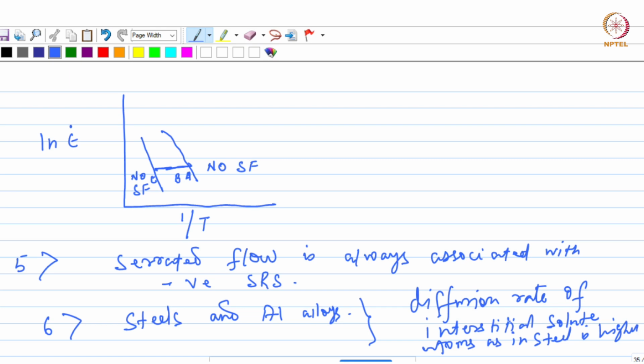And therefore, this kind of interstitial solute atoms can quickly move and catch and lock the dislocations. On the other hand, in aluminium alloys, since these are substitutional solute atoms, their diffusion rate is lower compared to the interstitial solute atoms.